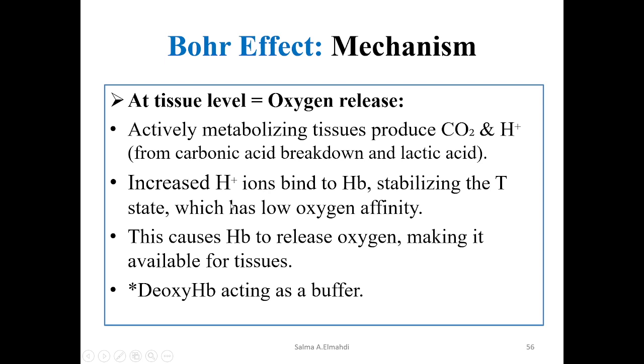Increased hydrogen ion binds to hemoglobin. It stabilizes the T state, which has low oxygen affinity. So now hemoglobin is changed into the T state, which has low oxygen affinity, so it is less strongly bound to its oxygen. It has a tendency to release it. So this oxygen will be released and it will be available to tissues. So the buffer is actually the deoxyhemoglobin.